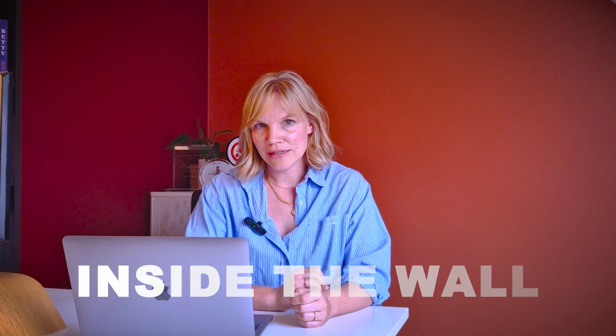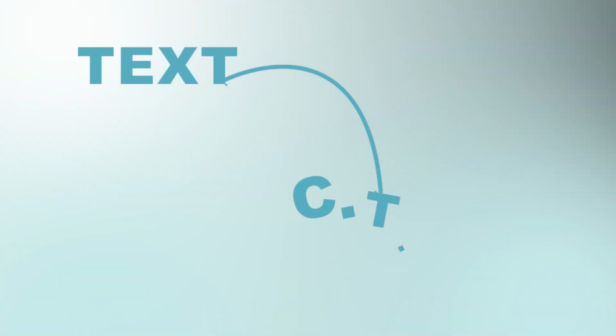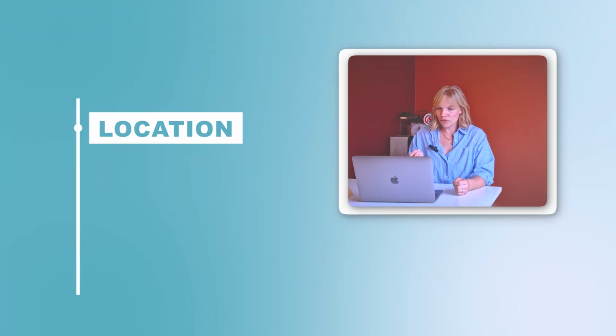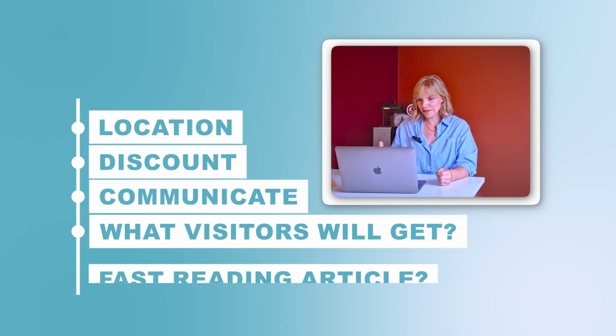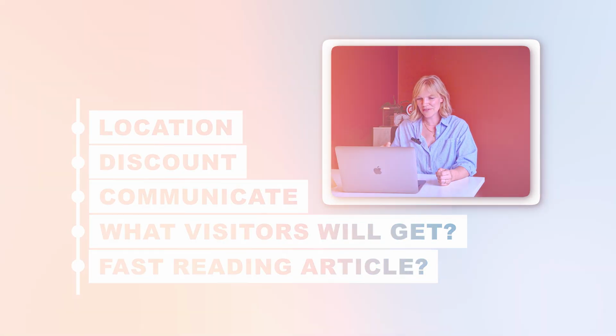Then the content inside the wall is, of course, something you can experiment with a lot: the text, the CTA. Are you going to use social proof? Are you already going to show a field that people can fill in? Can they already click on a paywall button? Those are things to play around with. The location of the call to action, the discounts, how you communicate the values of your brand and what visitors will get and how fast they can read their article, etc., etc.